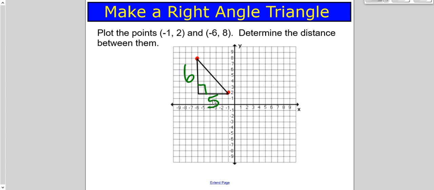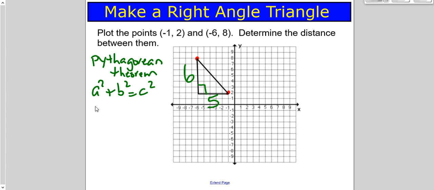And what do we remember about right triangles is we can always find a missing side from a right triangle if we use the Pythagorean theorem. So on this side, we're looking for our hypotenuse. So this is a squared plus b squared equals c squared. So 6 squared plus 5 squared equals c squared. 6 squared is 36 plus 25 is 61.